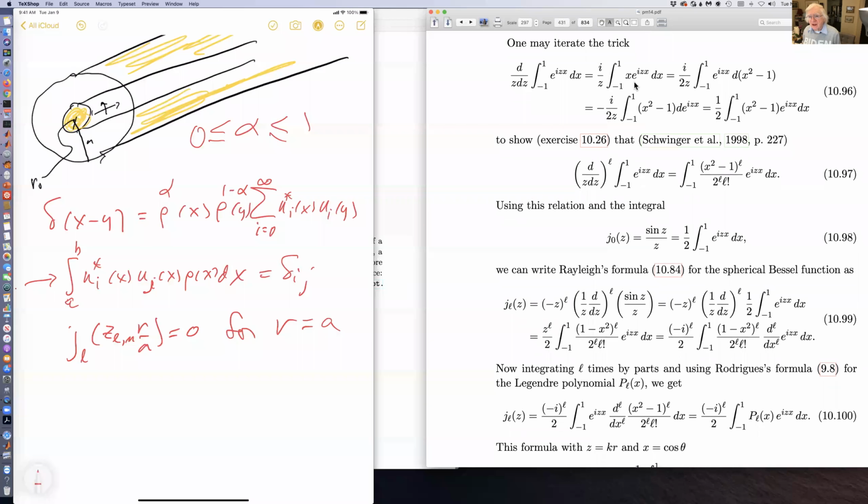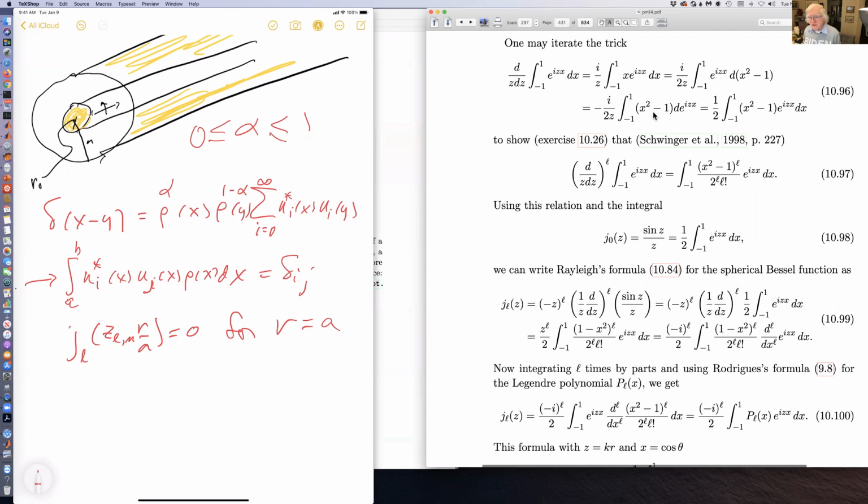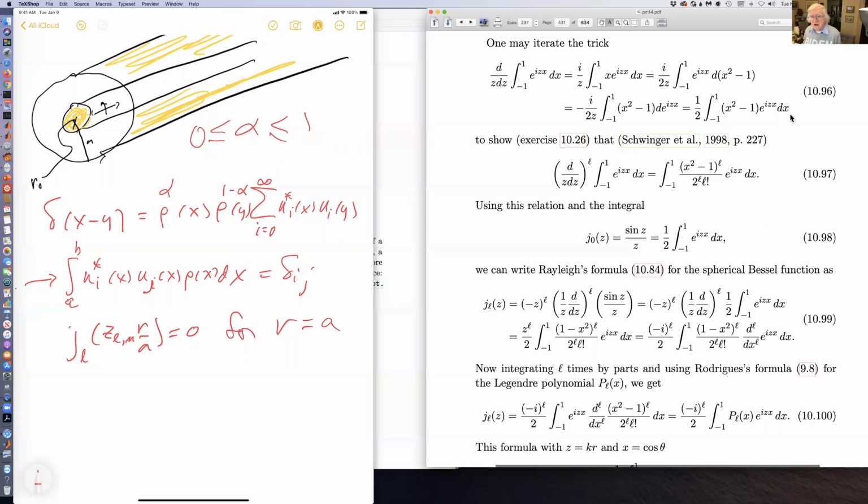Then if you integrate by parts and drop the surface terms, which you can because x squared minus 1 vanishes at the endpoints, you get the integral of x squared minus 1 times that. The z cancels, the minus i goes away, and you get that.